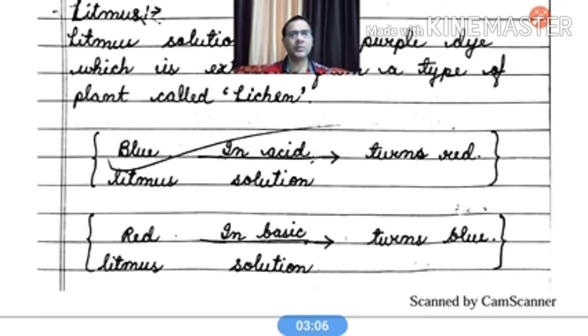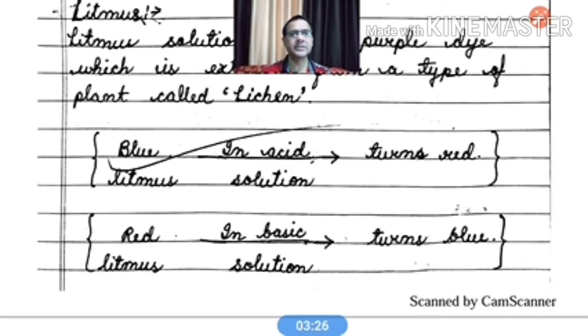Suppose I take one acid and in that I put blue litmus. When I put the blue litmus paper or blue litmus solution in the acid, then the acid at once turns blue litmus to red. So it is written here, blue litmus in acidic solution.